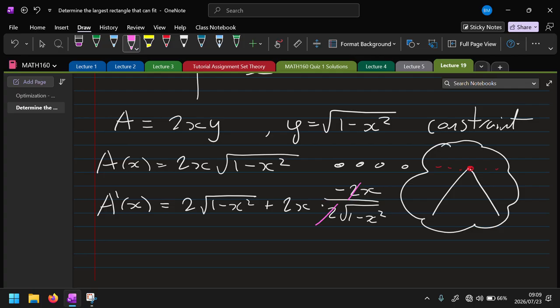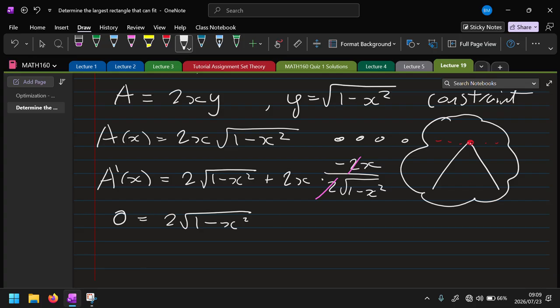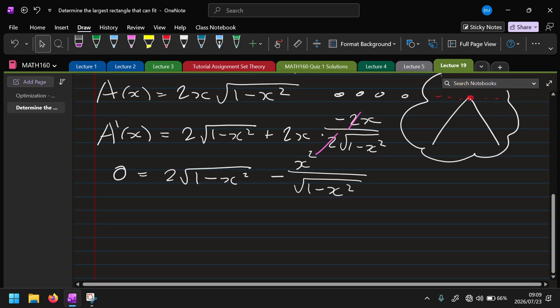Okay, and then we want all of this set to 0. Okay, and then the plus and the minus, so let's put a minus here. And then x and x, that will be x squared. Okay.